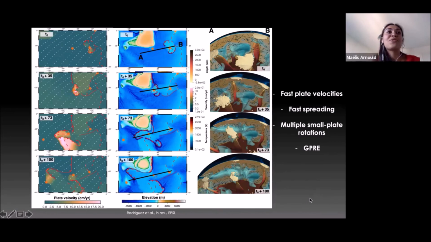So the interesting thing is that when you look at the Neotethys observations, around the basin of the Neotethys, from paleomagnetism, you record such features as small plate rotations, plate reorganizations, fast spreading rates, and fast plate velocities that we couldn't really explain without invoking multiple subductions.